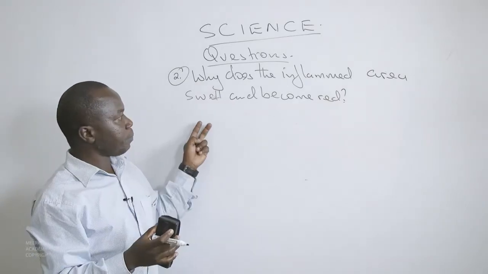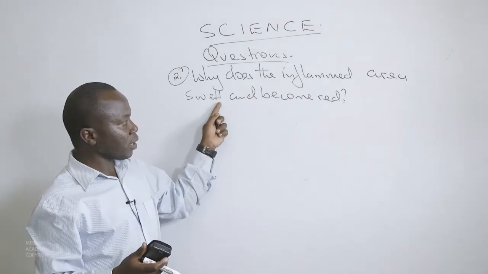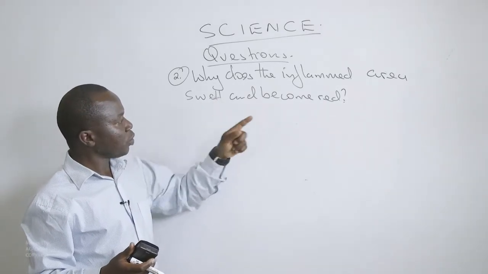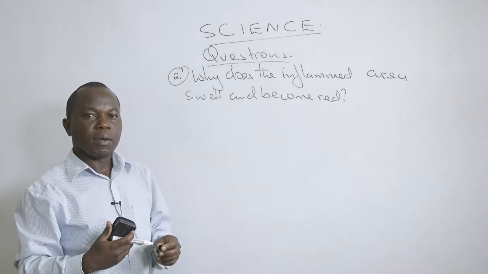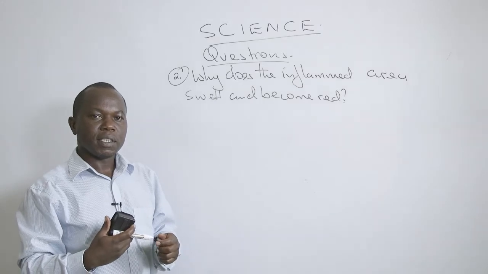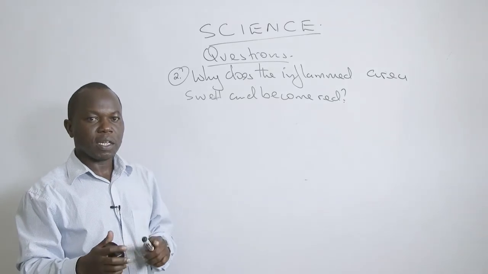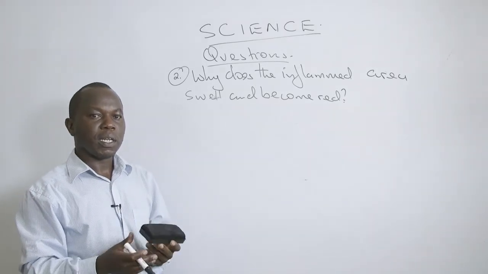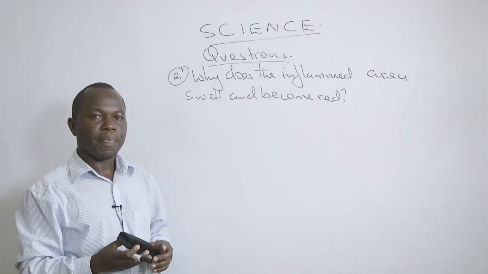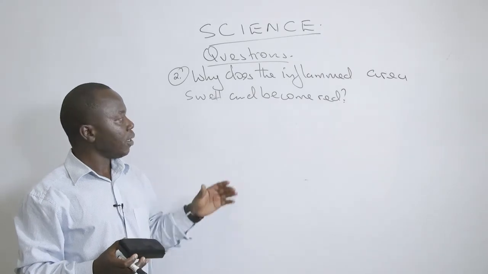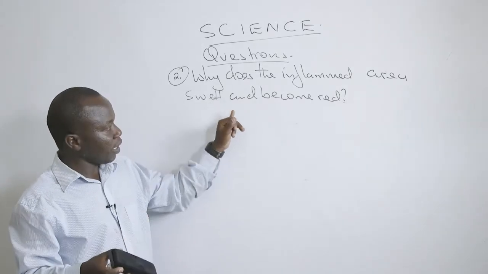Again, when we were outlining the process of inflammation, we mentioned that these are some of the symptoms: swelling and the tissues becoming red. For swelling, we said we have the mediator histamine. Histamine increases permeability of blood arterioles and blood capillaries, which will now allow leakage of blood proteins together with plasma, with the fluids or tissue fluid, which will cause the swelling of that area.